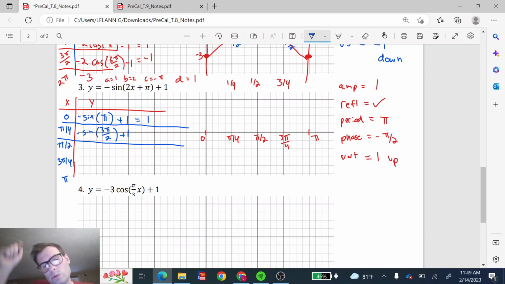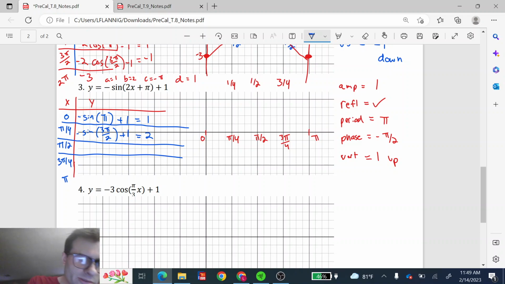And for 3 pi over 2, we look at the sine of that. The sine goes down, so it's negative 1. Negative 1 times negative is positive. So that would be equal to 2, because the sine of 3 pi over 2 is just negative 1. So negative 1 times negative 1 is 1. 1 plus 1 is 2.